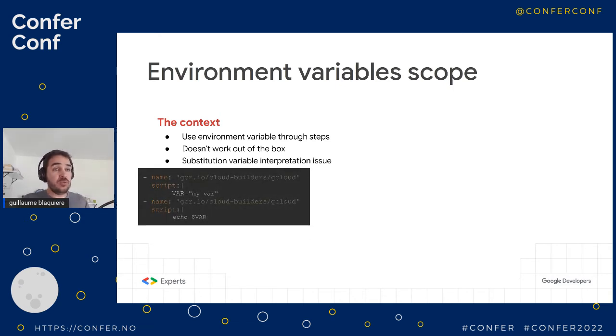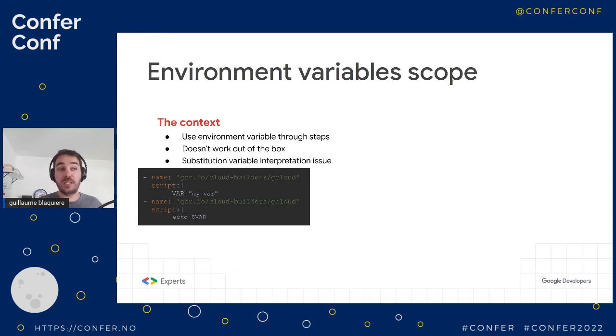For example, if you define one variable in one step and reuse it in another step, it doesn't work. It doesn't work because you create your variable in memory, and because from one step to another one, you swap the memory and you start from a fresh memory, a fresh container.